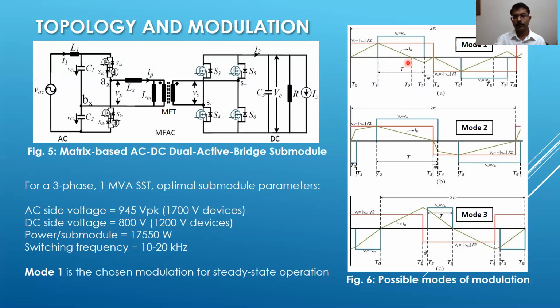So here, the T is the pulse width of the secondary side waveform, which can be controlled, and phi is the phase shift. The primary side is a half bridge, so you really do not have any control over the pulse width.